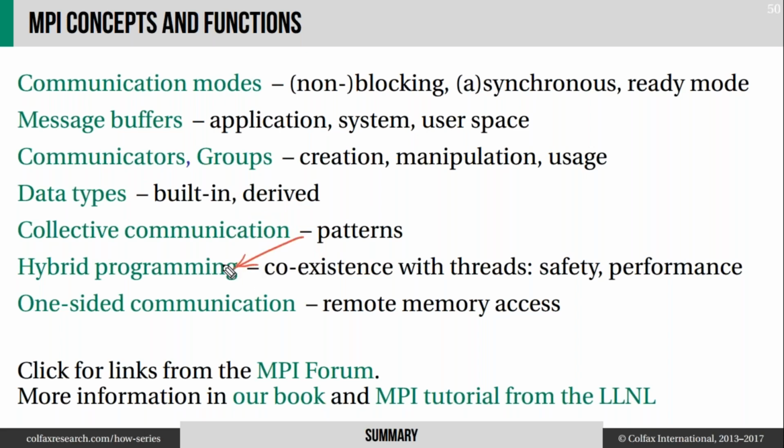Read more about hybrid programming, how OpenMP coexists with MPI, and read about a new feature added in MPI 3, one-sided communication, which is basically remote memory access. And there's a couple of additional links for learning more about MPI.